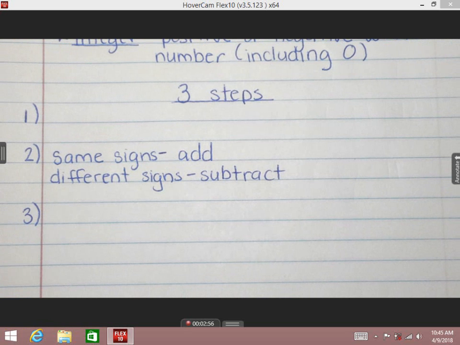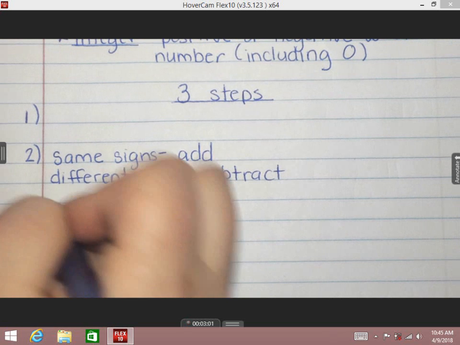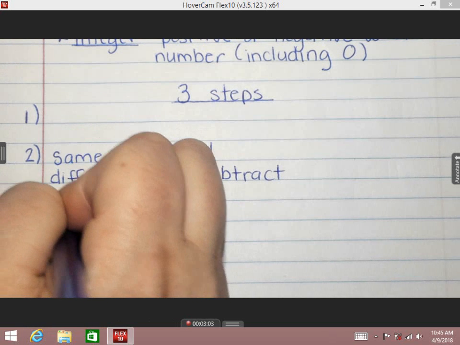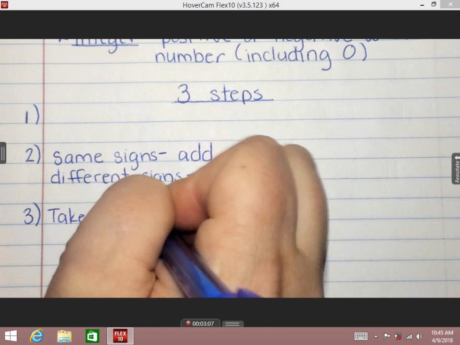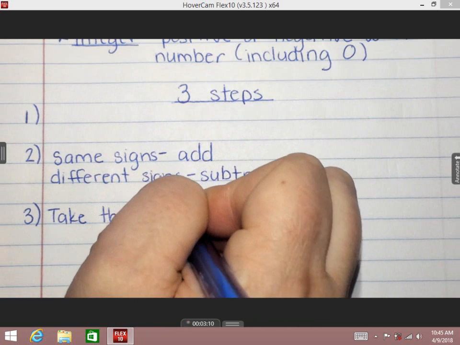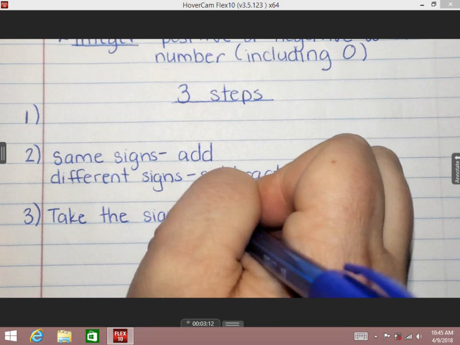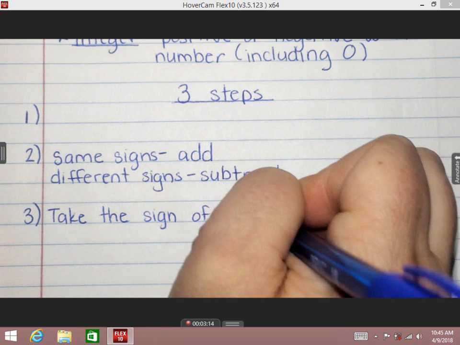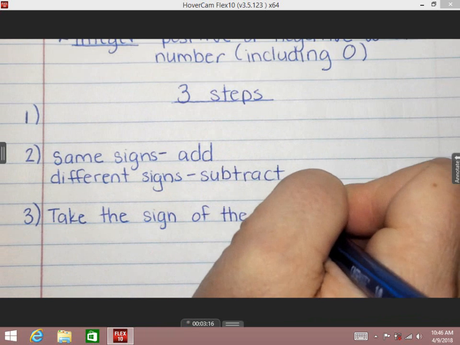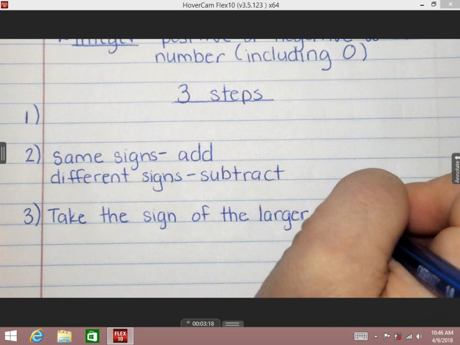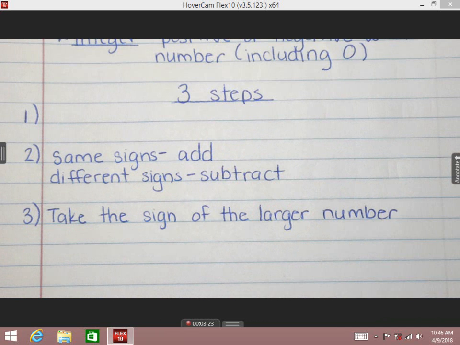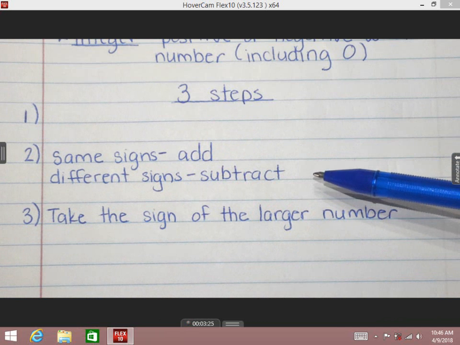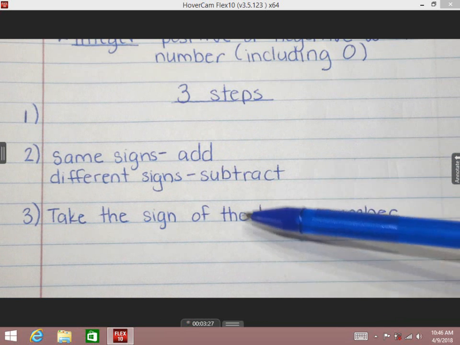The way that we're going to decide what type of answer we have is we're going to take the sign of the larger number. So for every problem that we do, if they have the same sign, we'll add. If they have different signs, we'll subtract. And then we'll take the sign of the larger number.